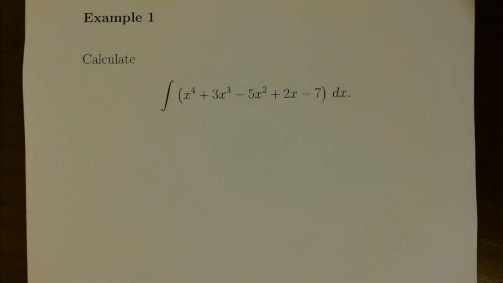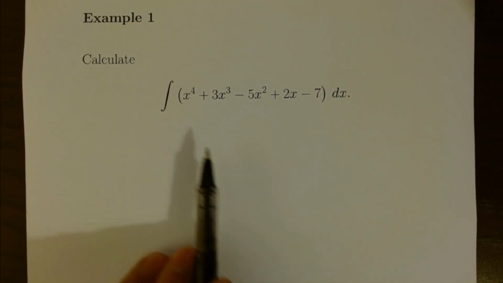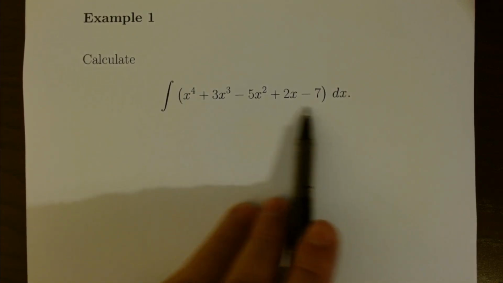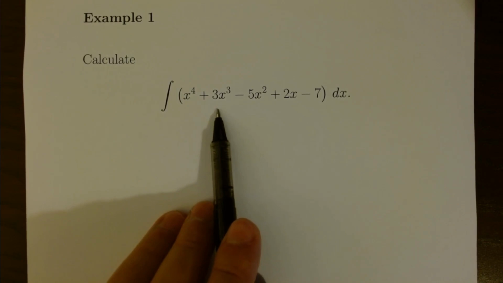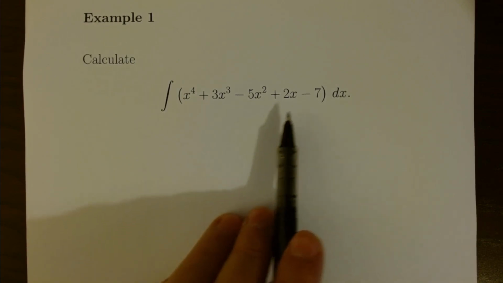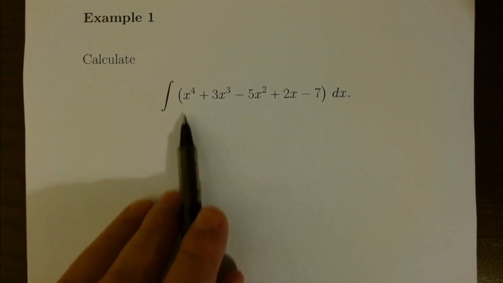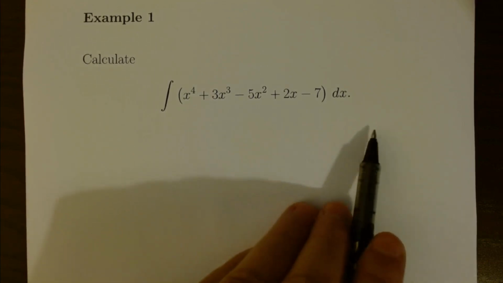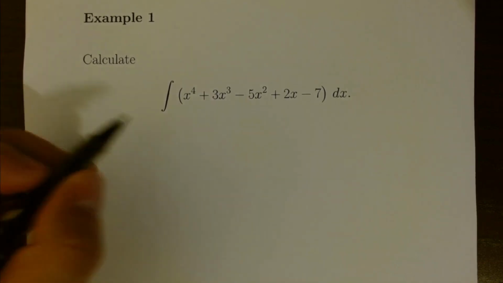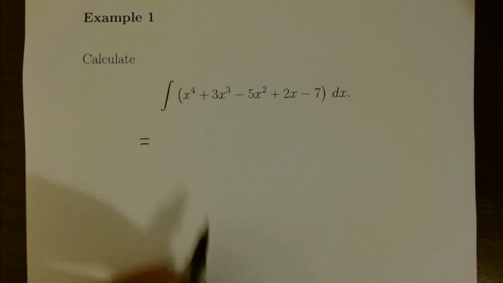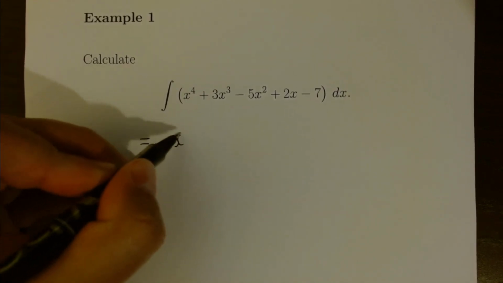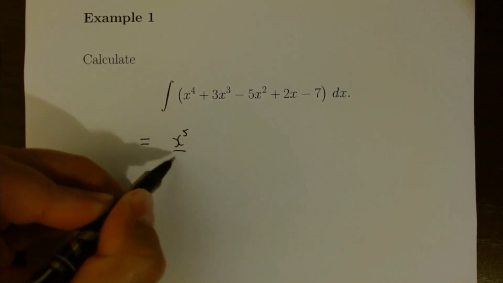Okay, example number 1. Here we want to integrate this polynomial x to the 4 plus 3x cubed minus 5x squared plus 2x minus 7, and we simply do it term by term and add a single plus c at the end. So we get x to the 5 over 5.